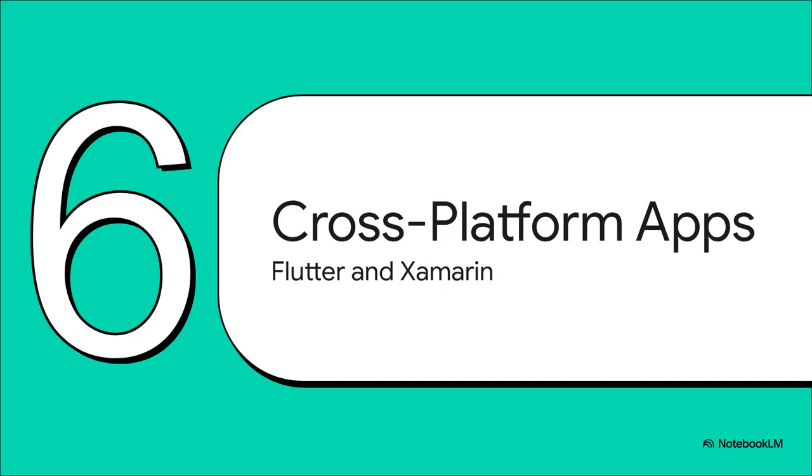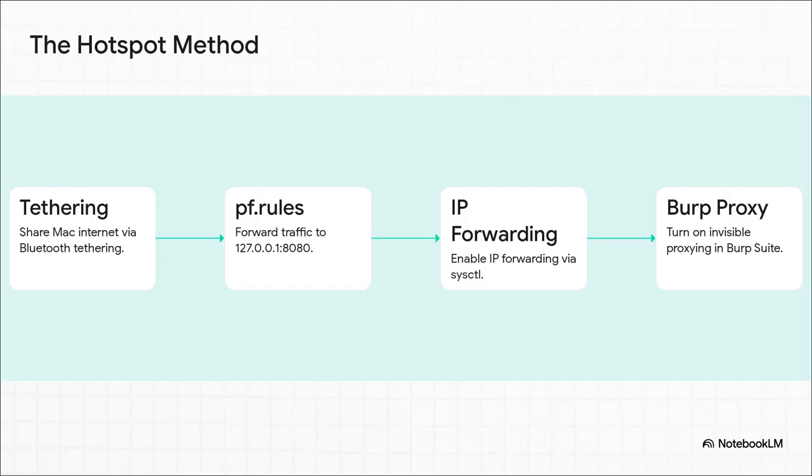Section 6. Bypassing cross-platform apps. Let's tackle these final bosses that just refuse to respect the standard rules. To actually capture Flutter or Xamarin traffic, we typically have to use what's called the hotspot method. Essentially, we are forcing the traffic through our proxy at the network layer itself. You share your Mac's internet connection to your phone, maybe via Bluetooth tethering or Wi-Fi.